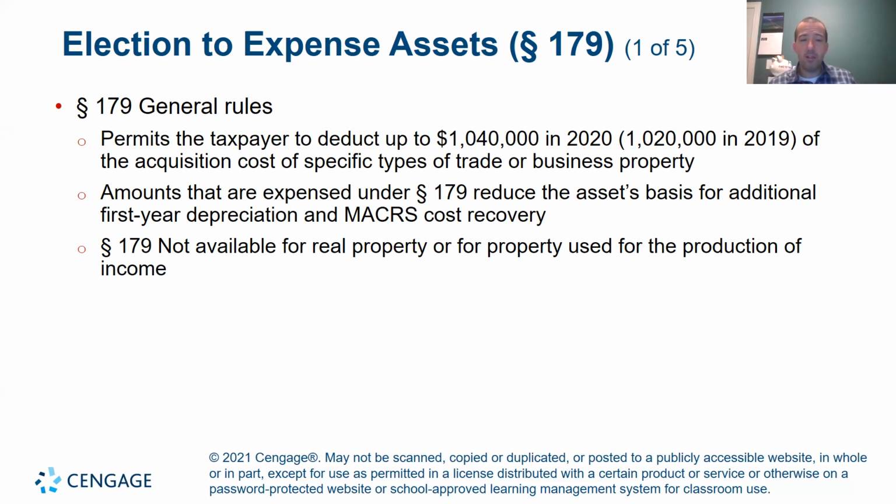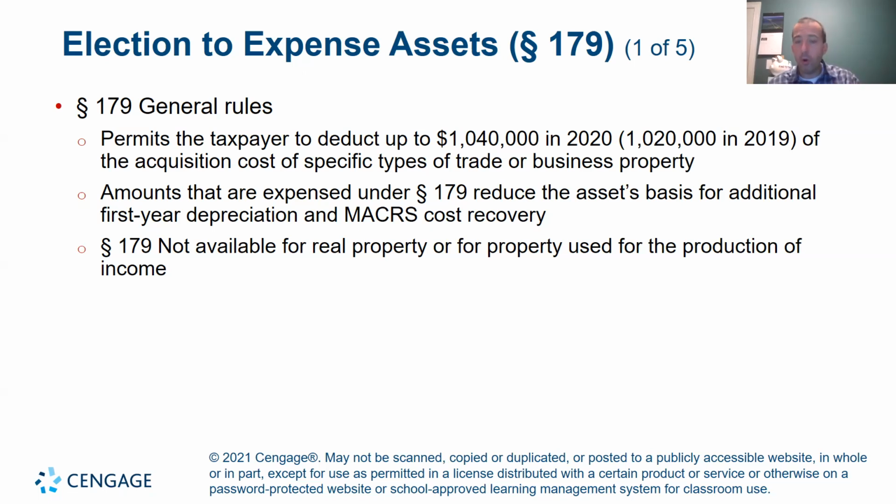What Section 179 does is give businesses an incentive to buy property, assets, capital, and to get that big deduction from the purchase to offset net income.